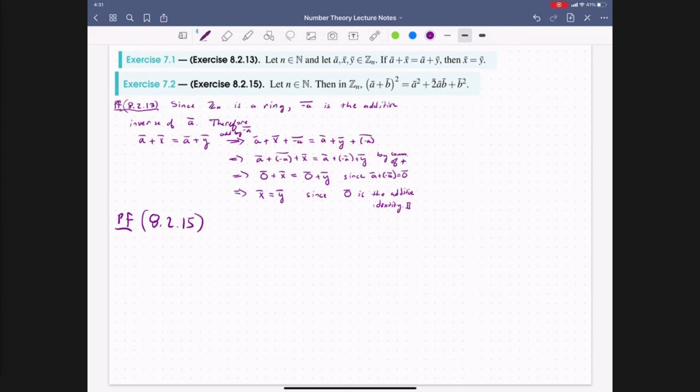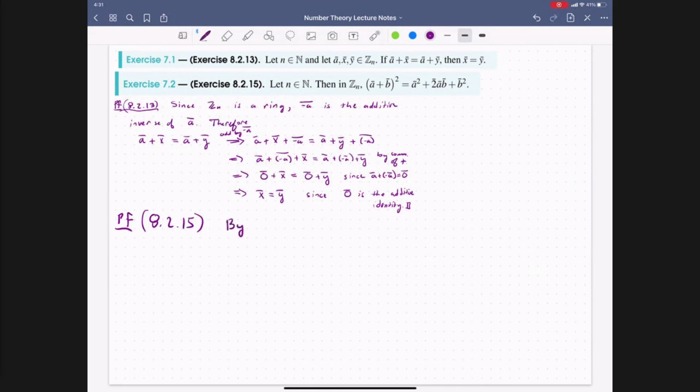And so for A2 8.2.15, we now go about it in the same way, but now use the multiplicative properties. So we're going to go ahead and just expand.